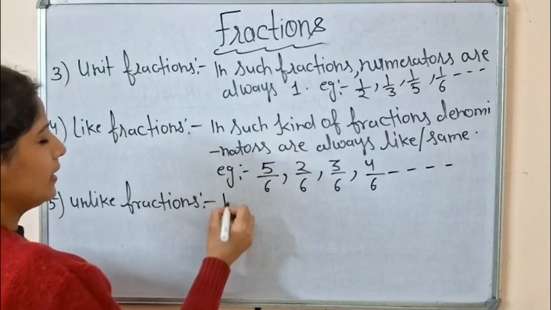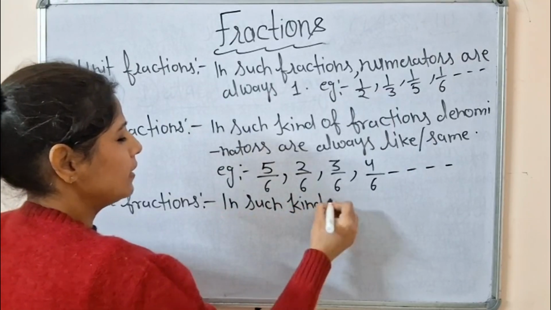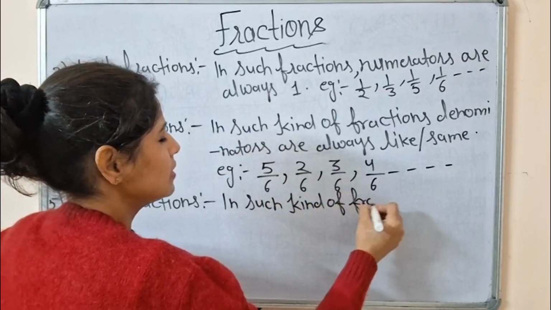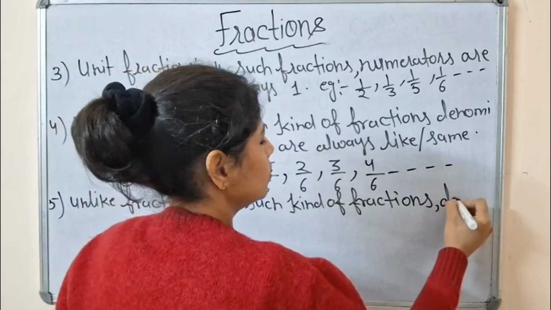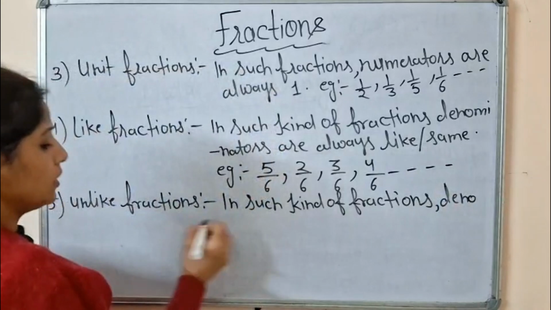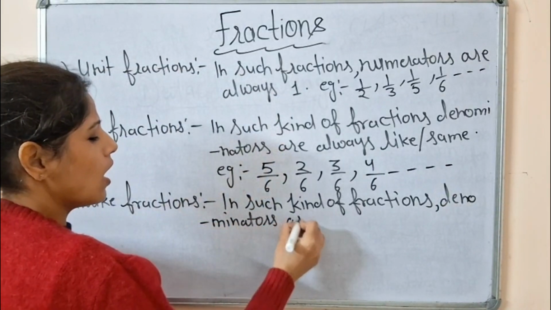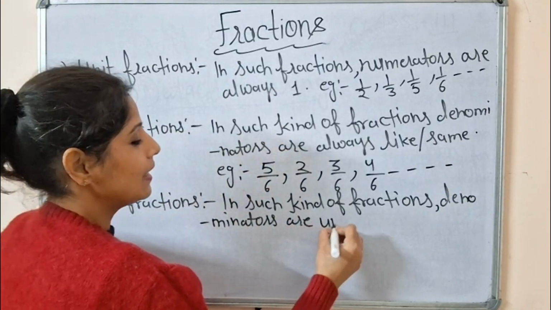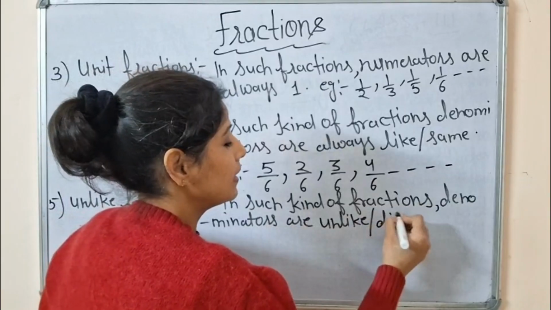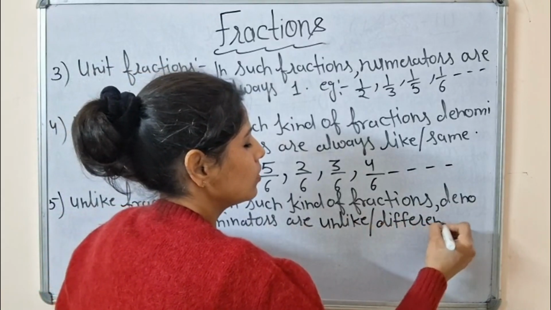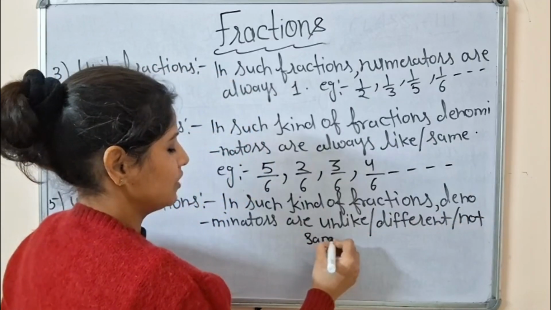So in such kind of fractions, denominators are unlike, different, not same. ठीक है?